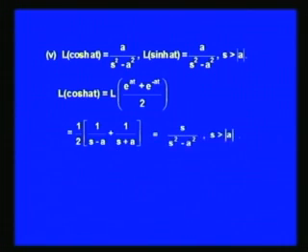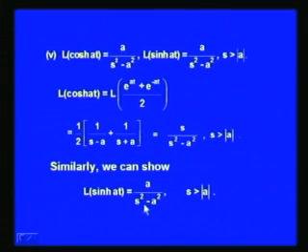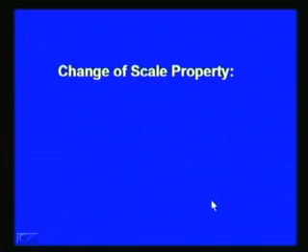Hence, we get the Laplace transform of cos hyperbolic at as s over s squared minus a squared whenever s is greater than the absolute value of a. Similarly, we can show that the Laplace transform of sin hyperbolic at is equal to a over s squared minus a squared whenever s is greater than mod of a.